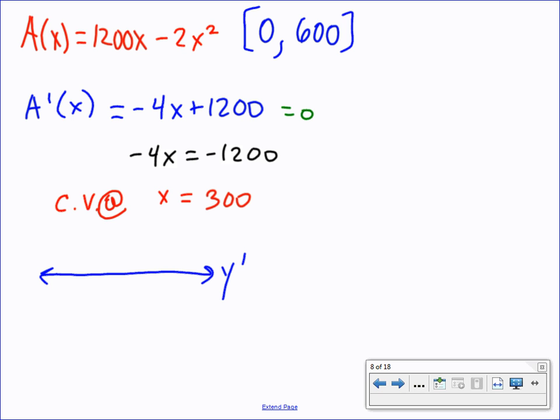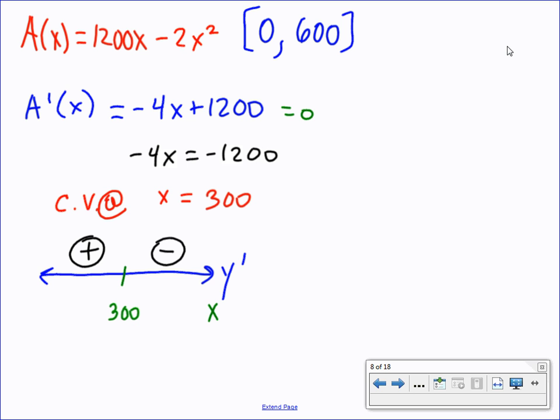Go ahead and construct the y prime number line. Bam! Label critical point x values. Looks like 300 is my only one. And a convenient x value to the left of 300, I'll choose 100. When I put in 100 to A prime of x, I'm going to get negative 400 plus 1200, which is definitely positive. When I plug in x equals 400 into my A prime expression, I get negative 4 times 400 is negative 1600, plus 1200, which is definitely negative.